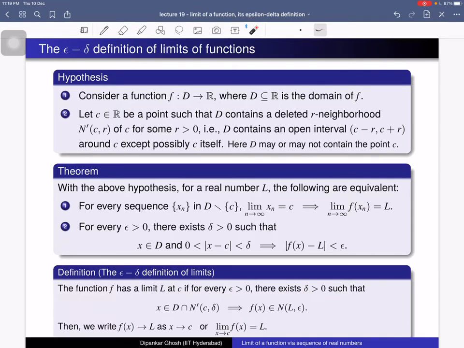That is the condition. So for every sequence x suffix n, if it converges to c, then the sequence of function values should converge to L. This is the first condition.